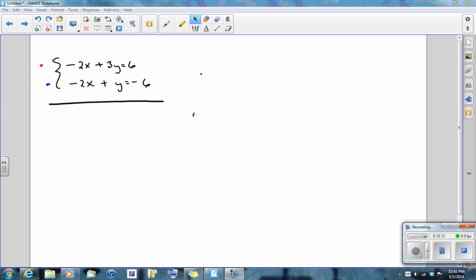So good, we can subtract. Sometimes you just have to stop and think for a moment about what your possibilities are. I was thinking we might have to make equivalent equations, but we don't.